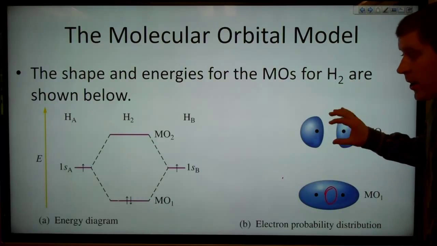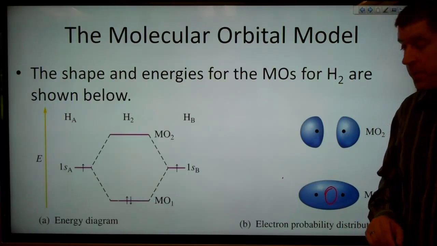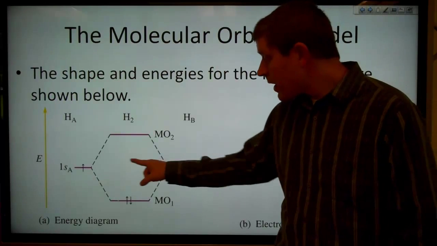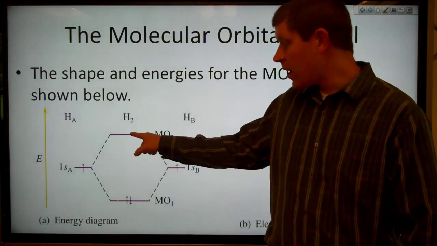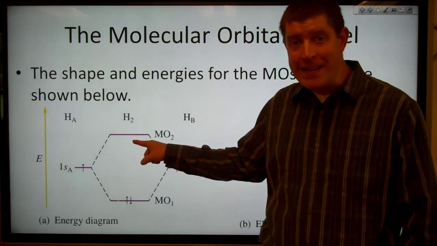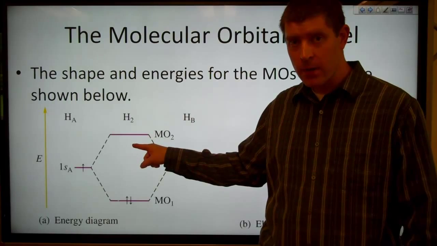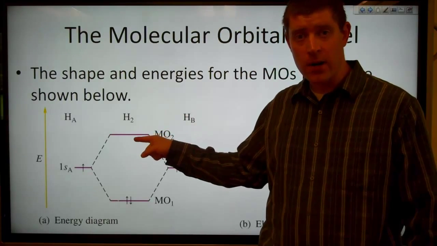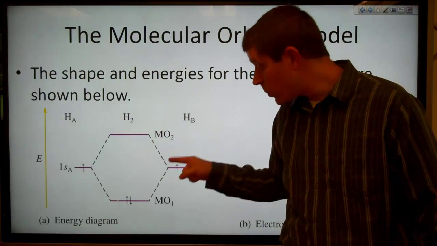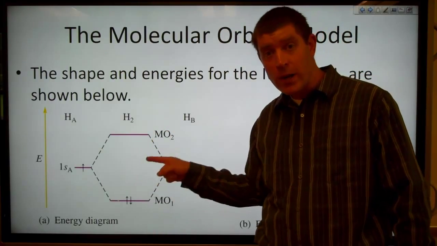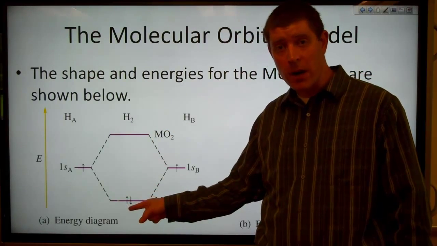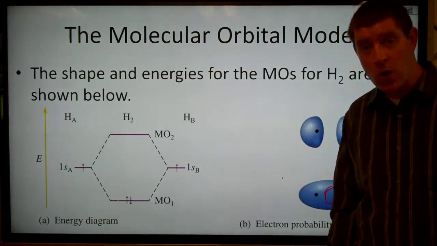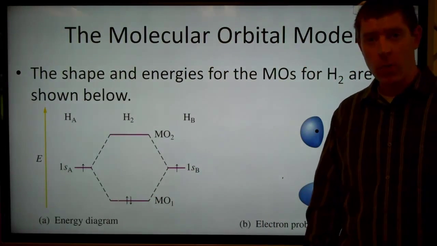That has to be pulling our two atoms apart. And so it would be less energetically favorable to put this electron up there. We would have to put in energy to get that to happen. But we know that that orbital is not occupied in our molecule because, in fact, we get energy out in forming our molecule, so that means that the bottom one, MO1, the bonding orbital, has to be the one that's occupied.